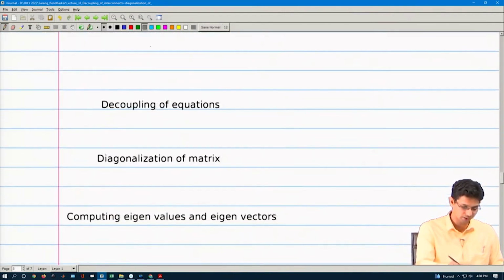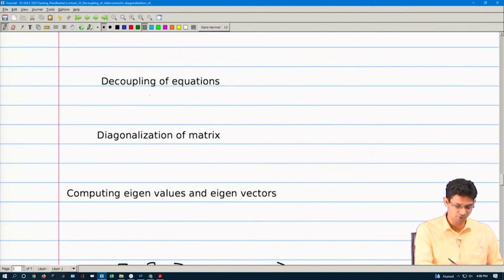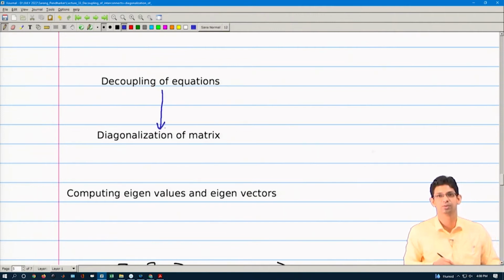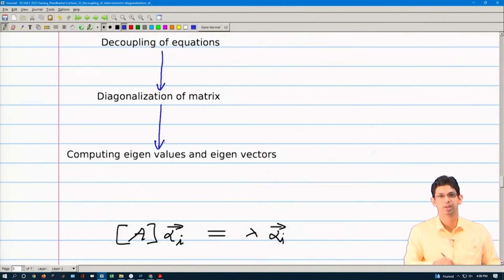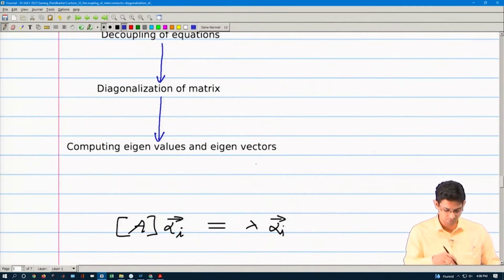So, basically what we have done is that we have reduced the problem of decoupling of equation to diagonalization of matrix, and then that is reduced to finding eigenvalues and eigenvectors. And with efficient algorithms, this finding eigenvalues and eigenvectors can be easily done on computers.